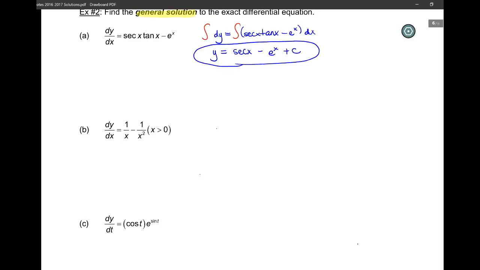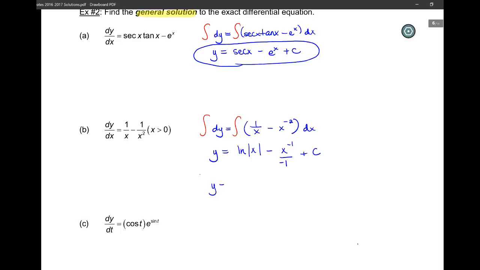So same thing here. I'm going to have dy equals, I'm going to write 1 over x. I'm going to rewrite 1 over x squared as x to the negative 2 dx. So we're going to integrate. So I get y equals ln of the absolute value of x minus x to the negative 1 over negative 1, and then we have a plus c.